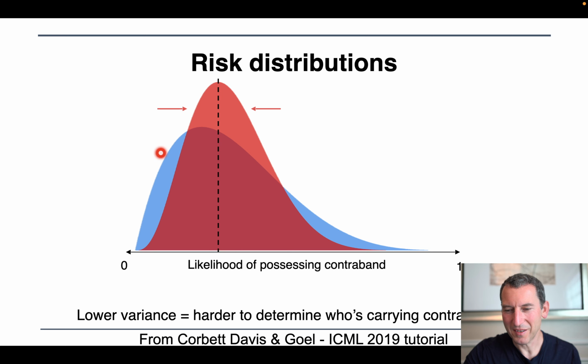So if this were civilians versus an army base, and let's assume that soldiers are neither more nor less law-abiding than the rest of the population, then it could be much harder to make that determination for somebody in uniform. And we'll see in a moment how that actually plays out when having to decide who to stop, or also to later make some more impactful decisions on their lives.